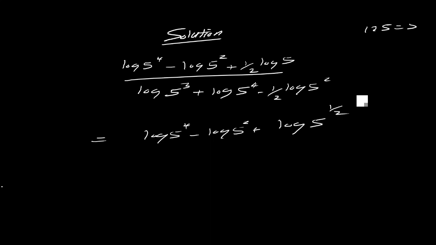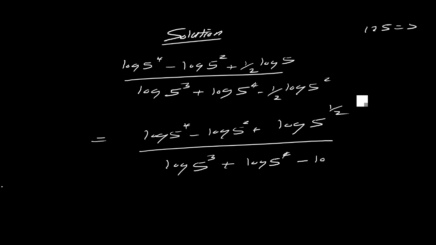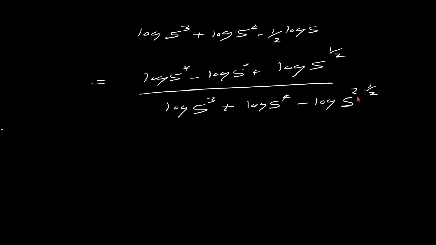Then in the denominator, we have log 5 cubed plus log 5 raised to power 4 minus log 5 raised to power 2, then times a half. Remember, the coefficients are powers.